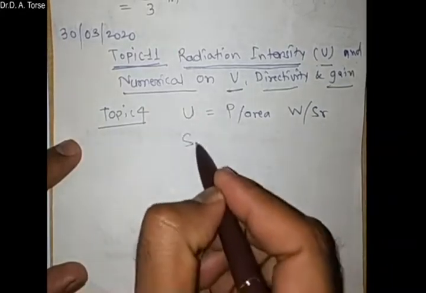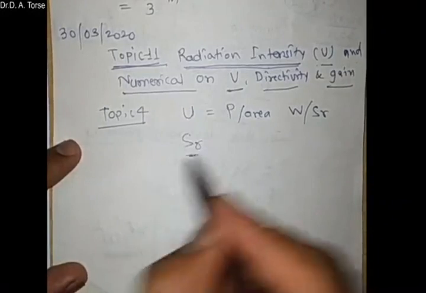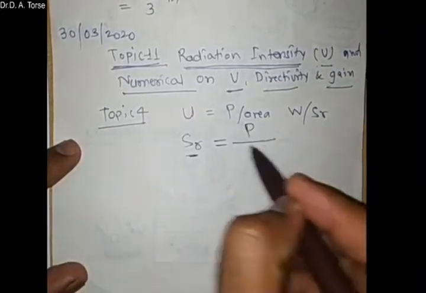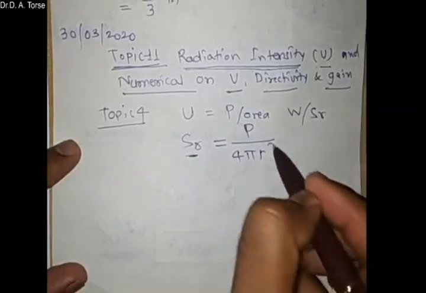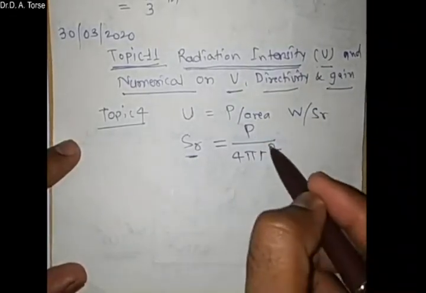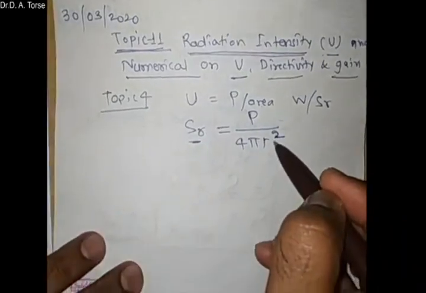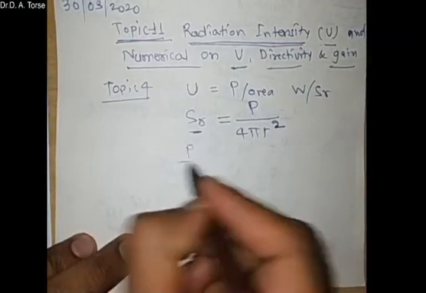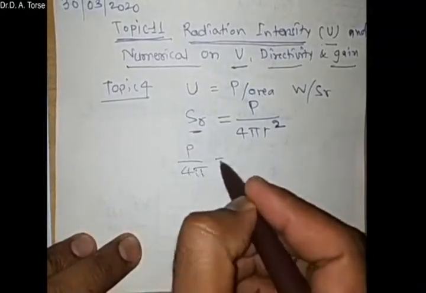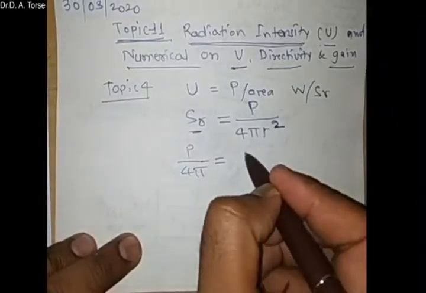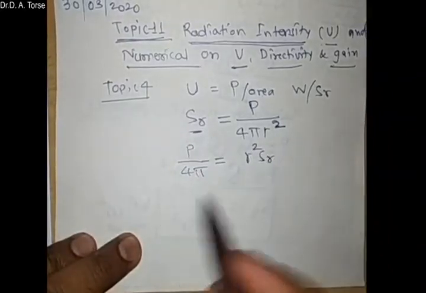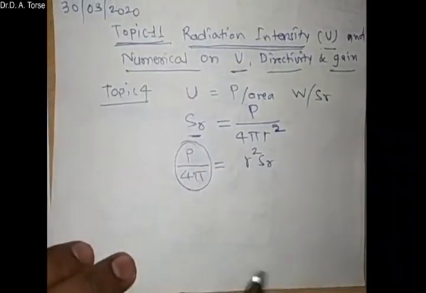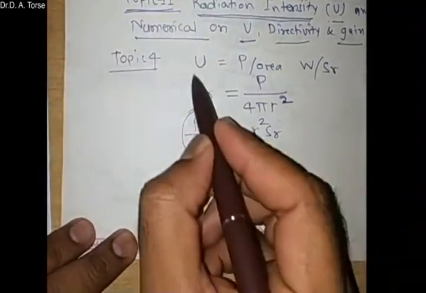So power theorem states that the Poynting vector SR is the power radiated by an antenna over a surface of sphere having radius r. So it is P divided by 4 pi r square. Now if we rearrange these terms, we get P divided by 4 pi as r square into SR. The reason we have rearranged this term P divided by 4 pi is because it looks like radiation intensity.